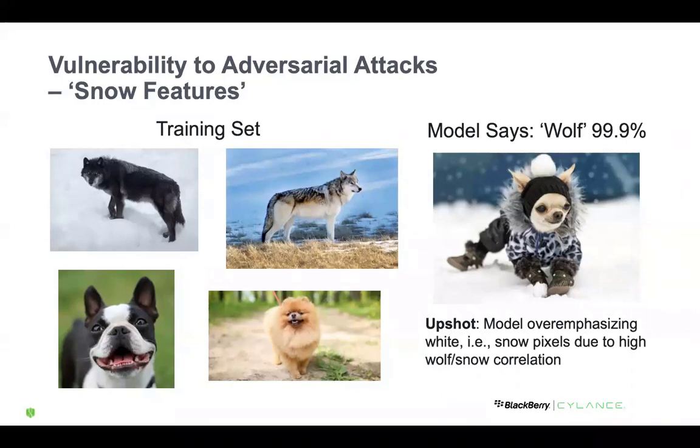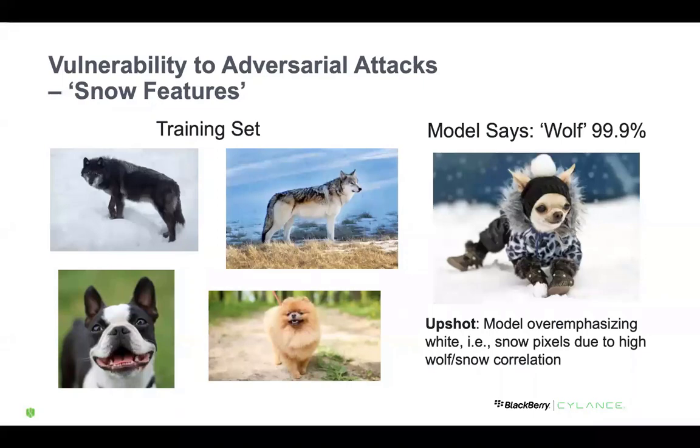Now, certainly wolves have evolved to live in snow, but in terms of the actual form of the wolf, there's nothing intrinsic to that having to do with white pixels, right? So what can happen is that the model, because it doesn't see these images the way we do, can focus in on these co-occurrence features.